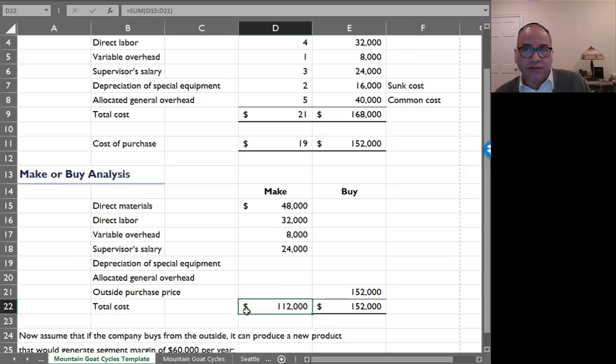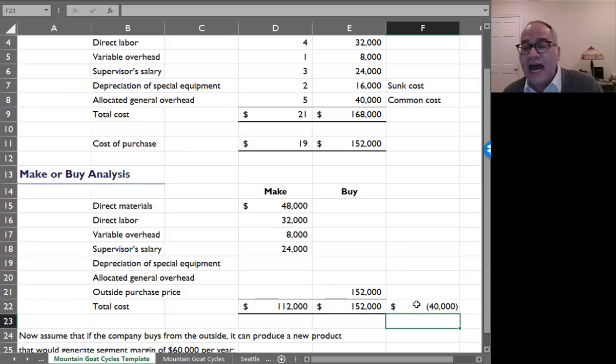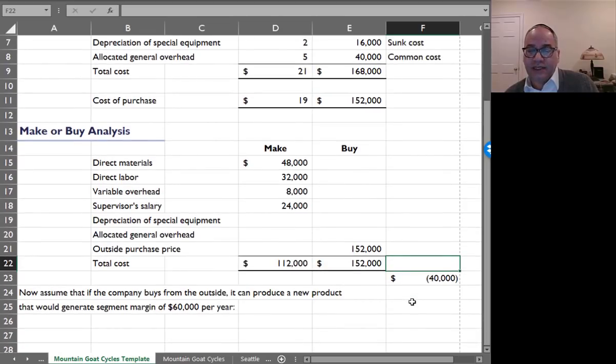Making, the relevant cost of making is only $112, and the relevant cost of buying is going to be $152. So therefore, you would have a reduction in income of $40,000 if you buy. In other words, it's not a good deal.